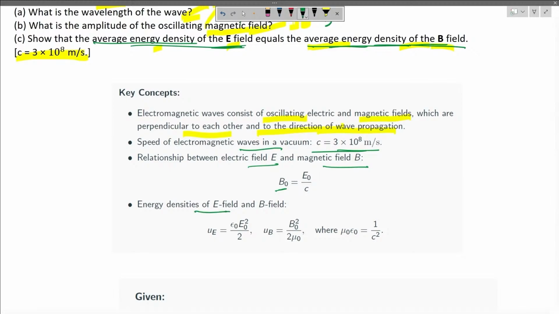Now the energy density of the electric field is epsilon naught times the electric field magnitude squared divided by 2. Similarly for the magnetic field, the energy density is the magnetic field magnitude squared divided by 2 mu naught, where mu naught multiplied with epsilon naught equals 1 by c squared.